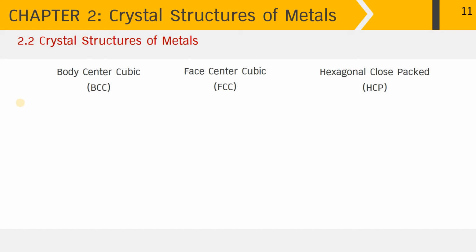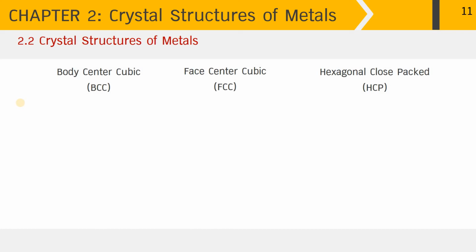Actually, for polycrystalline materials like light metals and ceramics, there are various crystal structures, for example, body-centered cubic, face-centered cubic, hexagonal close-packed, tetragonal, rhombohedral, triclinic, and monoclinic.